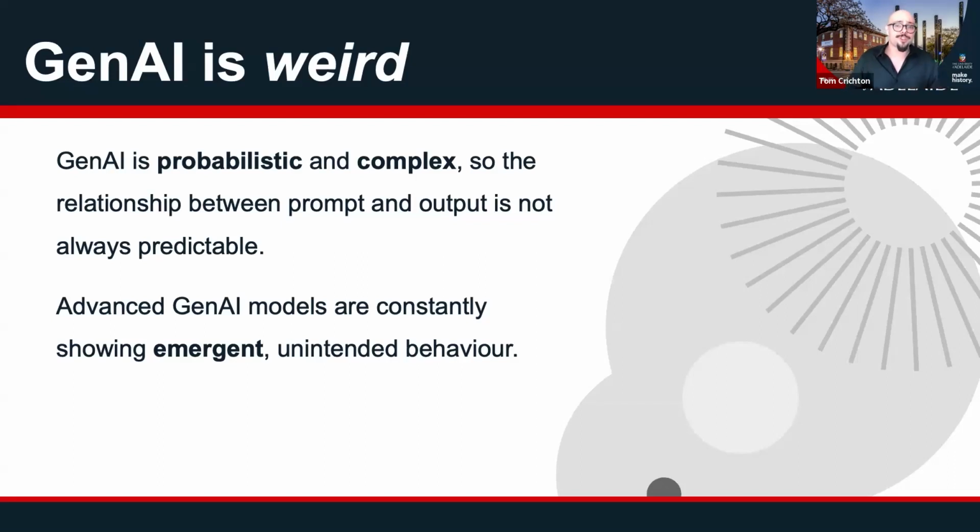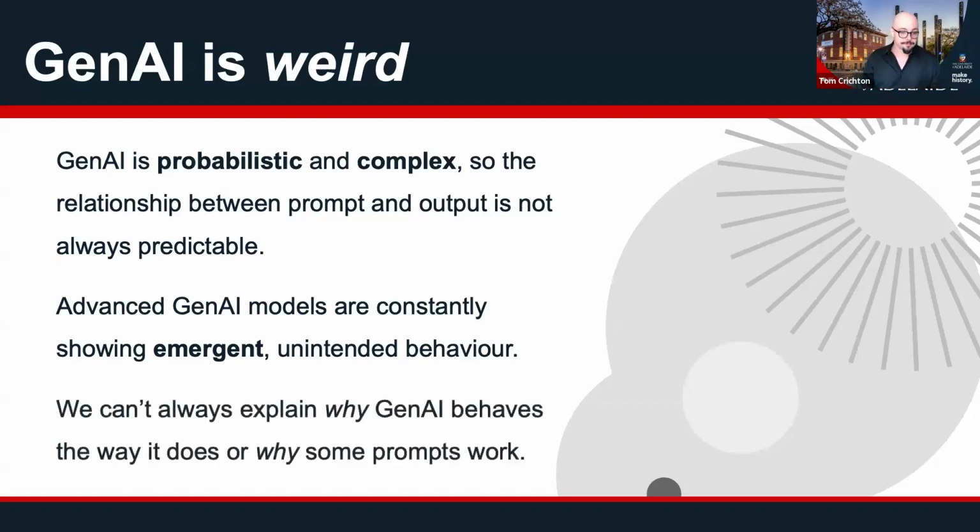We can't really know for sure that that is actually what's happened here. So in that way, Gen AI models are weird in that they exhibit behavior we wouldn't normally predict. And using the same prompt 5 minutes apart in the same tool, you can't always predict that it's going to give you the same result every time because it's probabilistic.